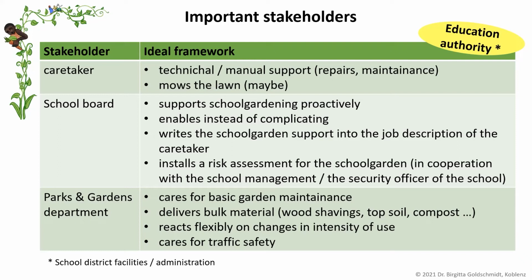They write the school garden support into the job description of the caretaker, so that the caretaker is really licensed to work in the school garden. And the school board installs a risk assessment for the school garden in cooperation with the school management or the security officer, so that the school gardeners themselves are on the safe side in working with the students in the school garden.